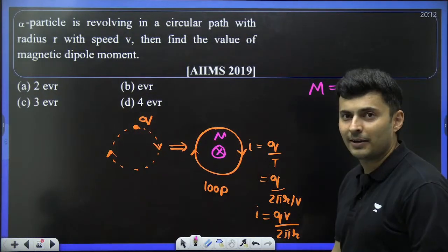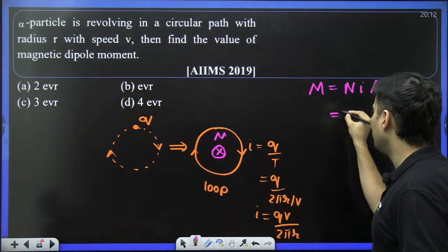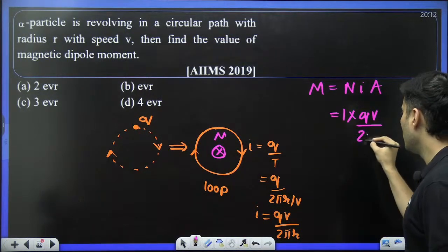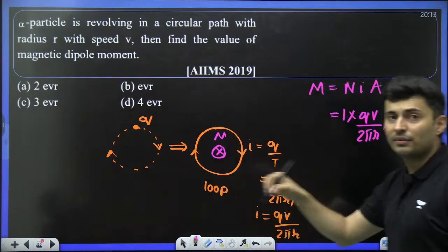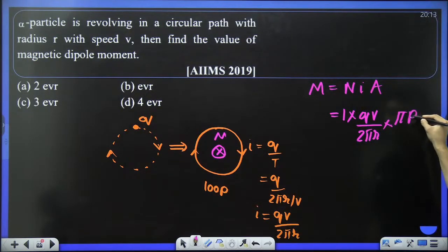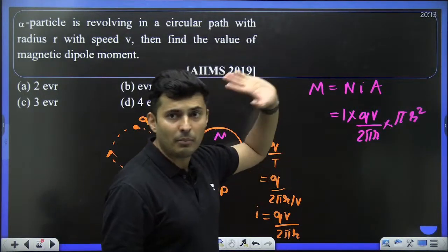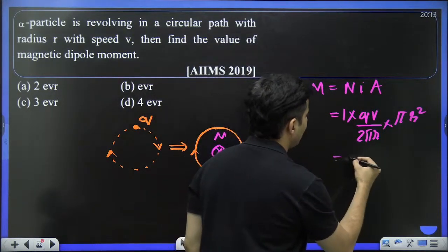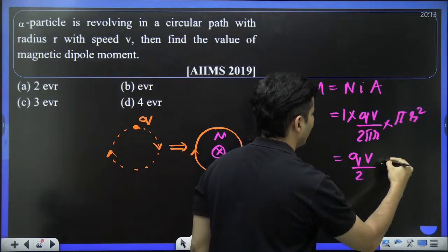Here there is only one turn. Current is qv by 2 pi r into area. What is the area of this loop? It is basically pi r square. One of the r goes, so I'm left with qv by 2, and there is r.